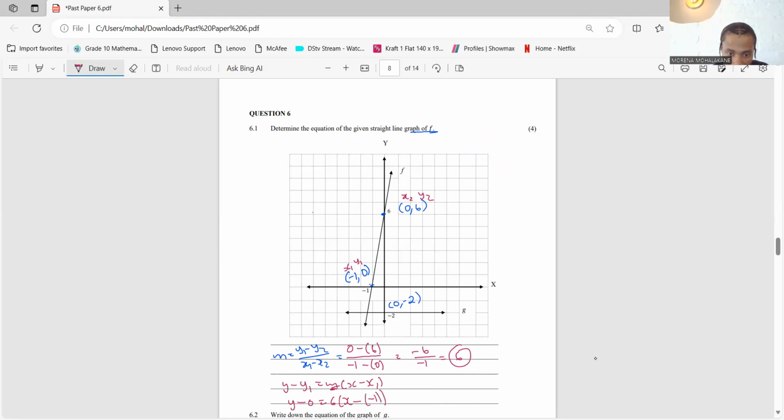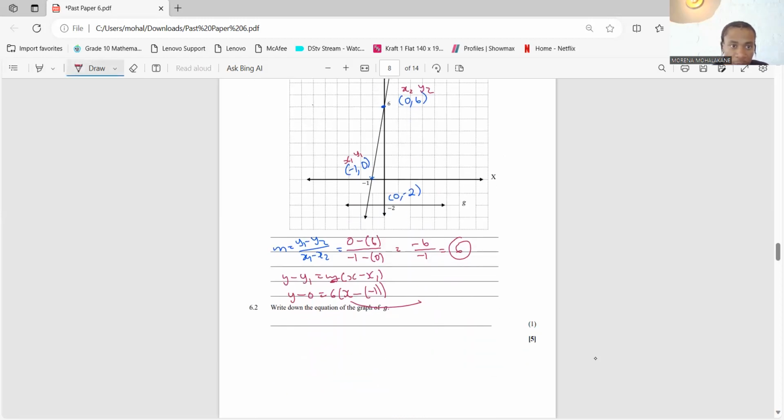Minus 1, right? So I continue here. I have enough space. So I'm going to have y equal to 6x. The negative times the negative is going to be a positive 1, so it gives you a positive 6.